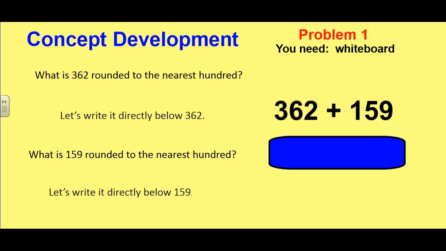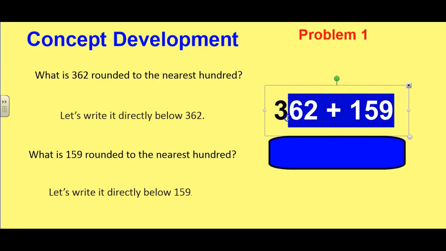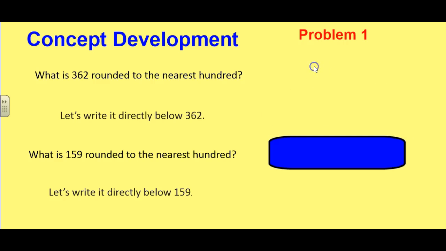Okay, so the first thing that we're going to be working on today, on your piece of paper, just going to take this away because we don't need our whiteboard, is 362 plus 159. So we're going to be working to find out what that actual answer is. On your piece of paper, I want you to write 362 plus 159, and go ahead and solve that and find what the actual answer is.